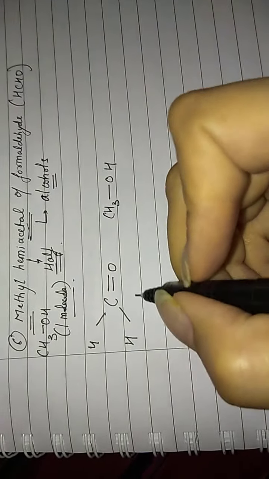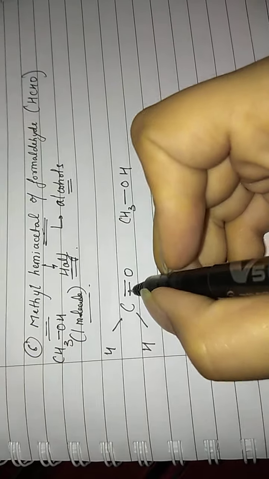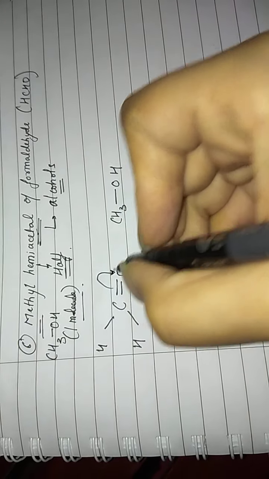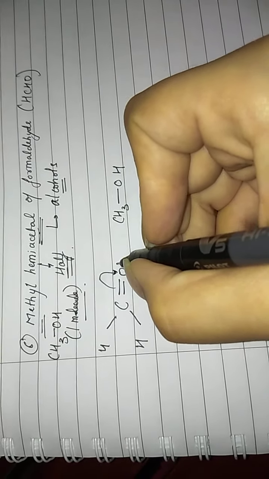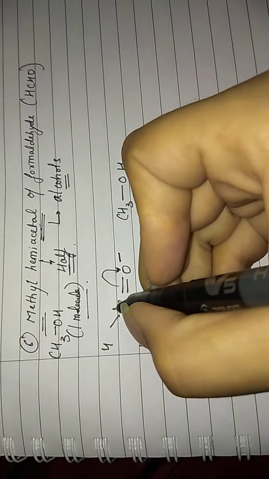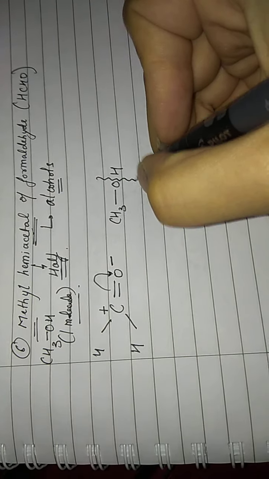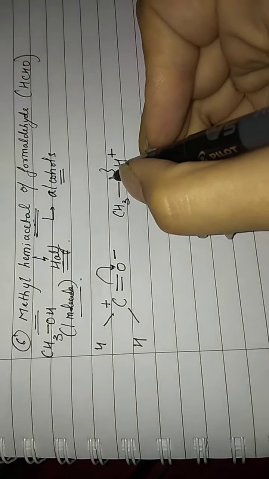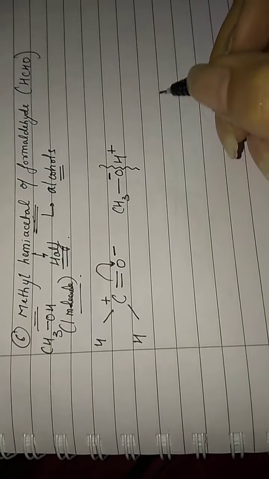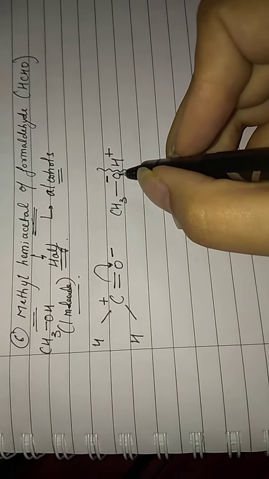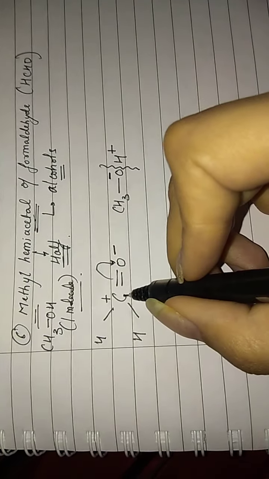Okay. Now how will you form the product over here? We know that this bond can be shifted over here, thus developing a negative charge on the oxygen atom and a positive charge on the carbon atom. Now how does this break down? This breaks down from here, giving a positive charge on the hydrogen atom, thus creating a proton, and obviously this oxygen will get a negative charge. Now what will happen? Obviously the negative portion will attack the positive portion.